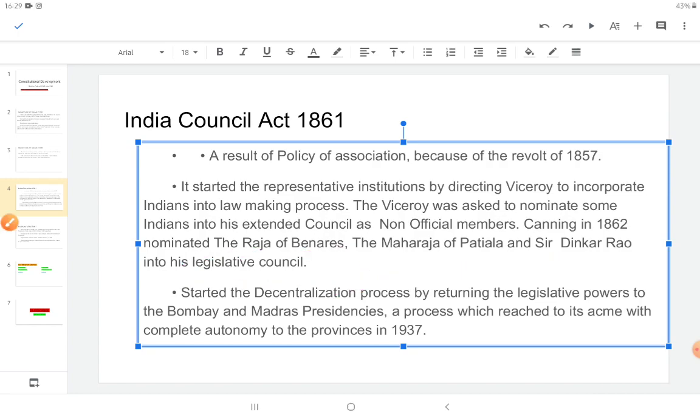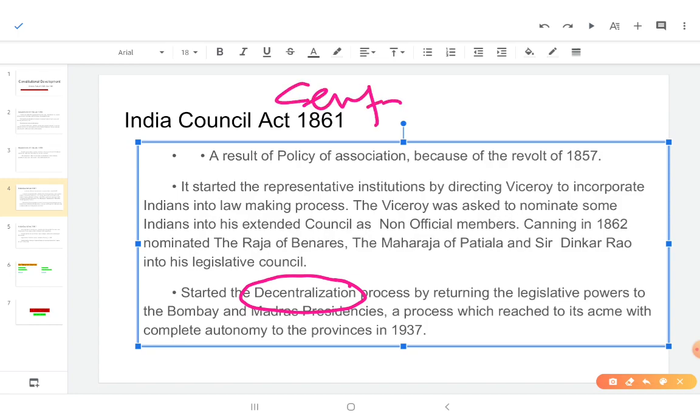Okay. Now this started the process of decentralization. We studied that centralization process, it started from 1773 and it reached to its pinnacle, to its top level in the year 1853.